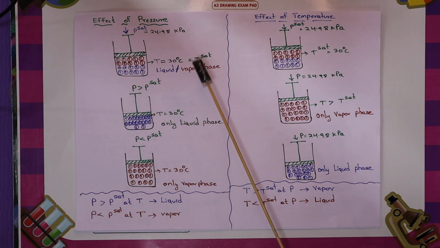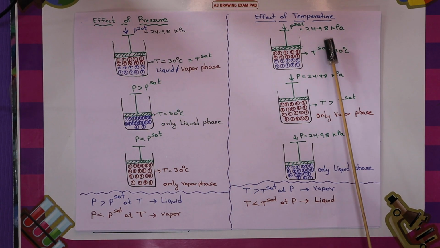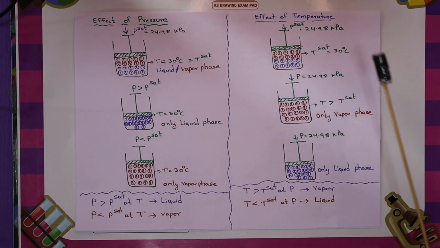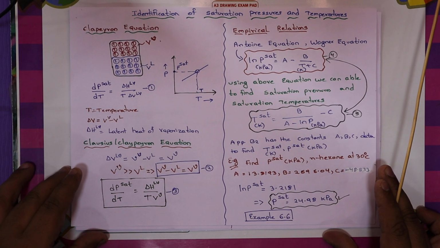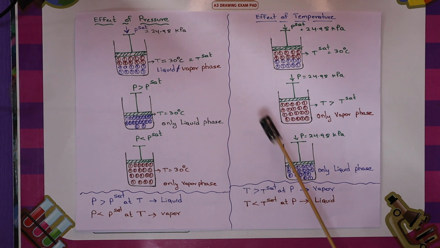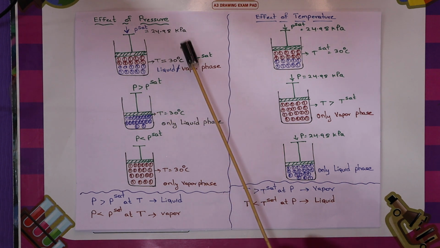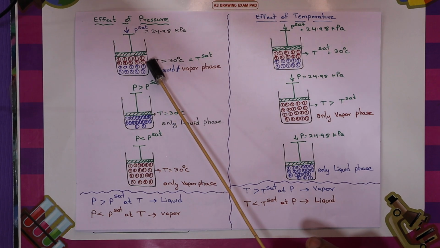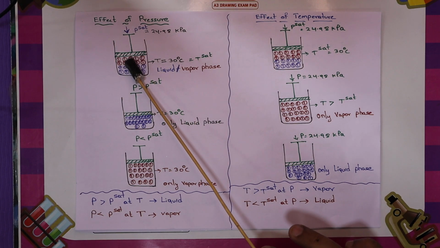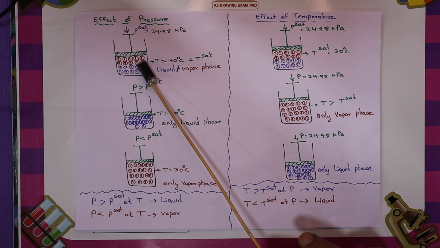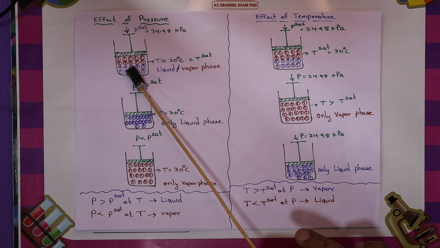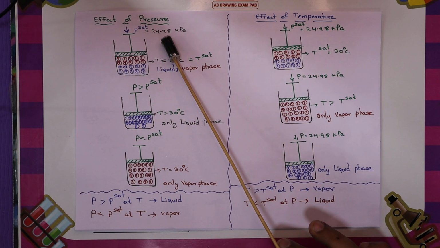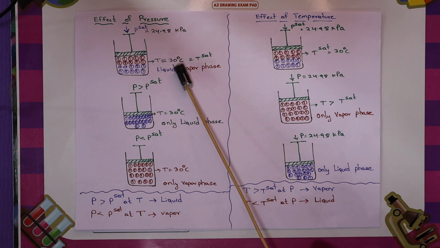I have already calculated this. Let us see the effect of pressure and the effect of temperature. For n-hexane at saturation temperature and saturation pressure, it can exist as both liquid and vapor. At 24.98 kilopascal and 30 degrees centigrade, it is at saturated conditions.